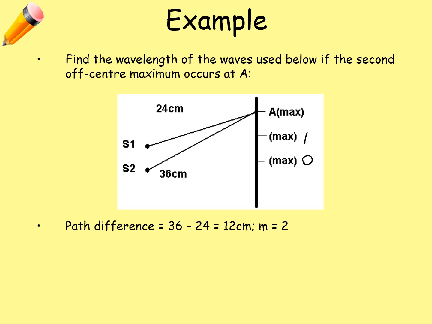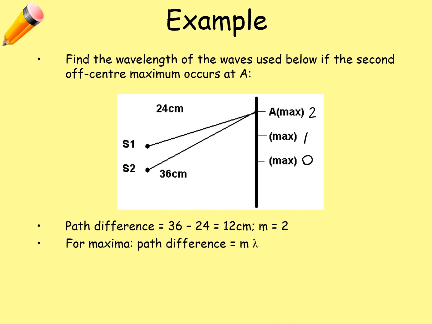And then at our second maxima, second order maxima, we're at 2 wavelengths. So the path difference is increasing as we move up from the 0 line to A, and the points of maxima occur every time we increase by 1 wavelength: 0 wavelengths, 1 wavelength, 2 wavelengths. So m in this case is equal to 2.